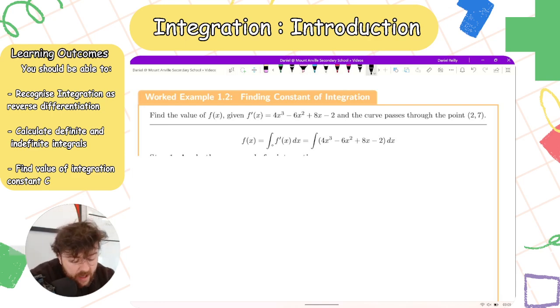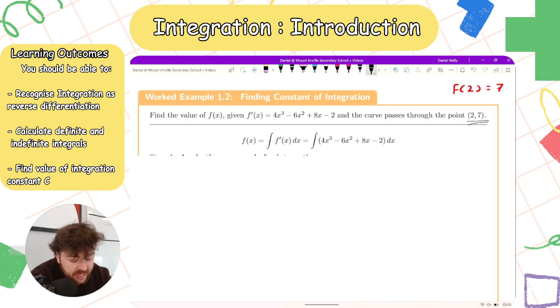Given that the derivative of f of x is equal to 4x cubed minus 6x squared plus 8x minus 2, and the curve passes through the point 2, 7, find f of x. This just means f of 2 is equal to 7. So when x equals 2, my original function is equal to 7.